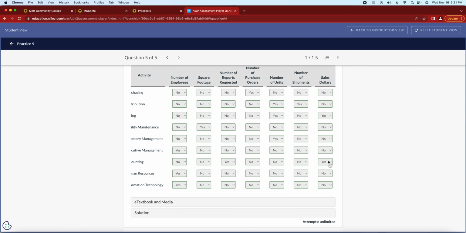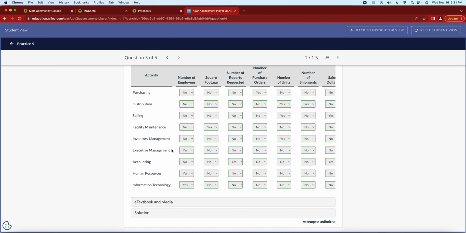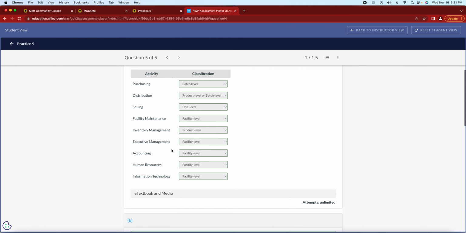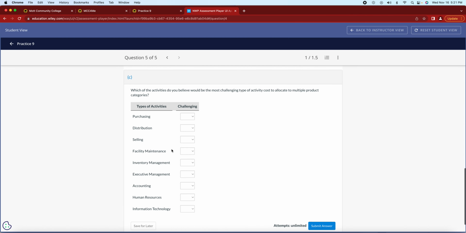I guess maybe from the perspective that sales dollars could be an indicator of the volume of accounting that they have to do. It could be an indicator of sales itself, and the more you're selling, the more you're going to have to do, but that would not have been my first choice or second choice even. Okay, but I can see some rationale for it.